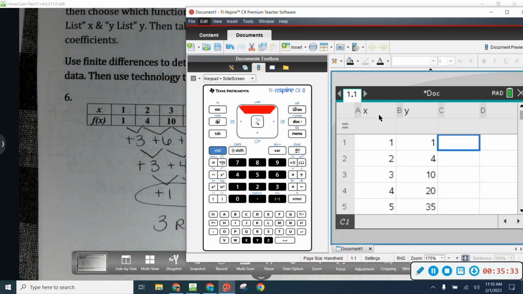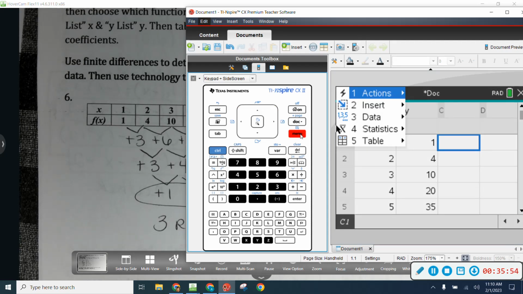Now, what happened with a lot of y'all is with your quadratic regression, you would just do your regression in any cell. Go to C1. If you make a habit of going to C1, then you don't have all the weird stuff going on. Okay? C1 is a blank cell. It's at the top. Everything should work. Okay? So we're going to go to menu 4 is statistics, menu 4.